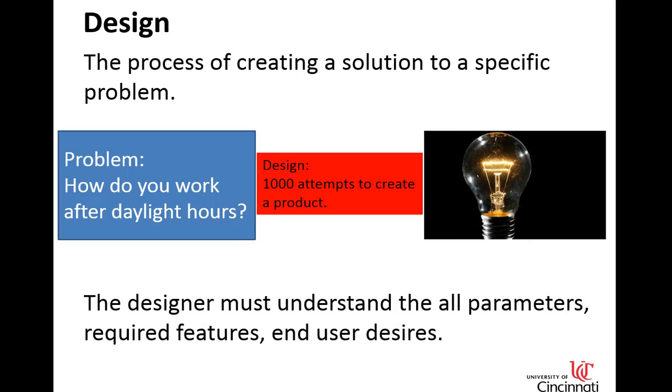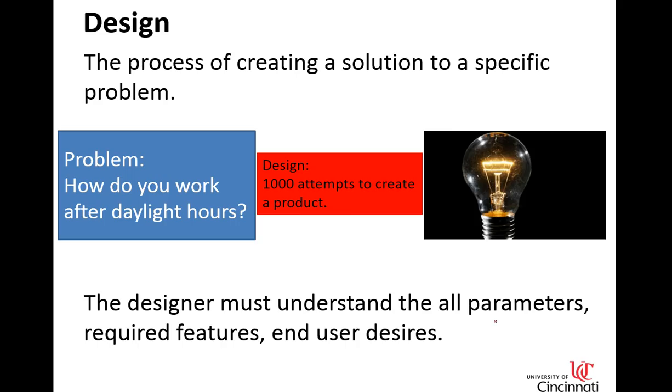So when you're designing, the designer has to understand all the parameters, required features, and end user desires. That's part of the design process. So, parameters meaning things like, are there certain material restrictions? Are there certain safety standards you're limited to? Does it have to have certain functional requirements, such as working within a certain temperature range, or having to endure a certain type of pressure?